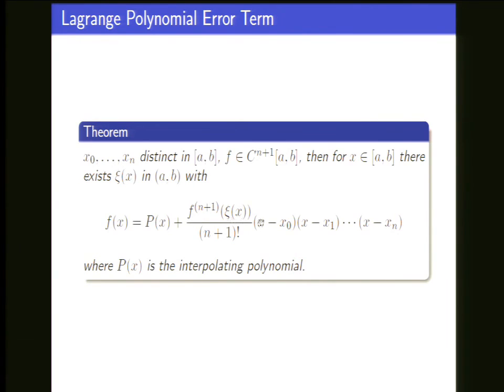The big difference is that instead of x minus x0 to the n plus 1, there are now x minus x0 times x minus x1, etc., right? And from a practical problem point of view, I'll show you a little example on it. It just means that you get to bound it a little bit differently. In fact, these bounds turn out to be better in general. I did erase my e to the x, but when I did it, I said maybe it's a better idea to do interpolating through three points than Taylor.